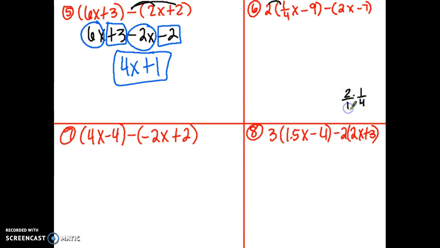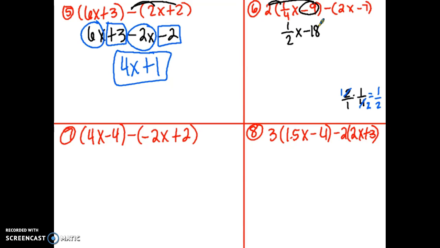When I multiply 2 over 1 times 1 over 4, I'm going to simplify first because 2 and 4 will both simplify by 2. 2 will divide by 2 one time. 4 will divide by 2 two times. That leaves me with 1/2. So 2 times 1/4 is 1/2 x. 2 times negative 9 is negative 18.